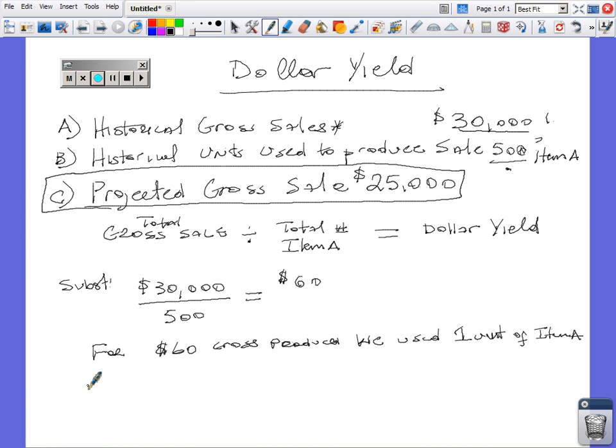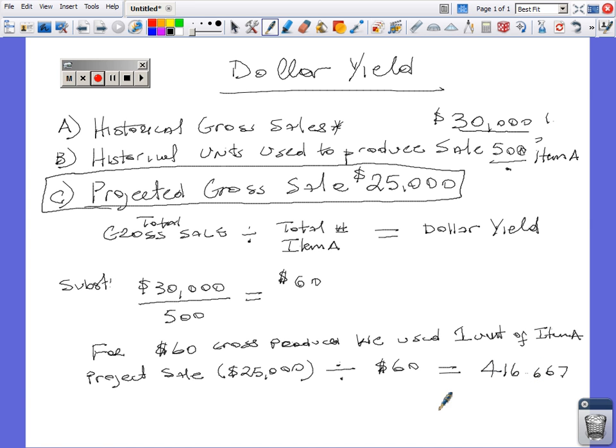What we're going to do is simply divide our projected sales, which is $25,000, by our dollar yield of $60, and that equals 416.667.